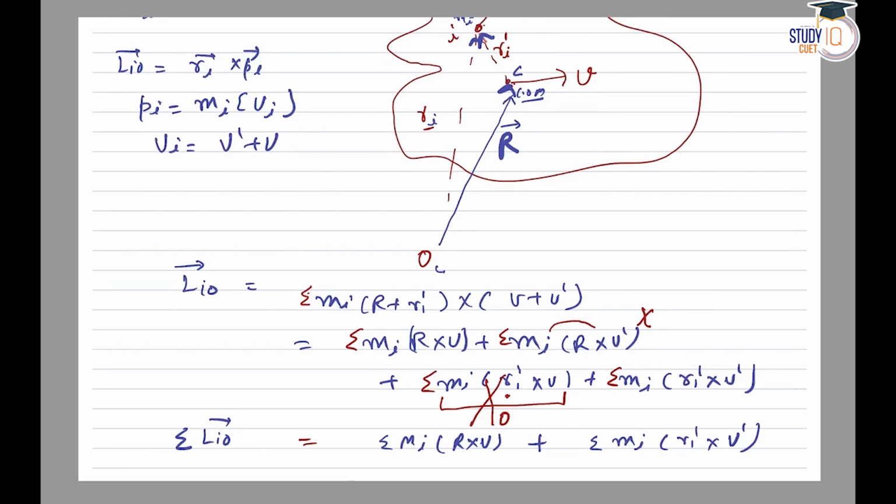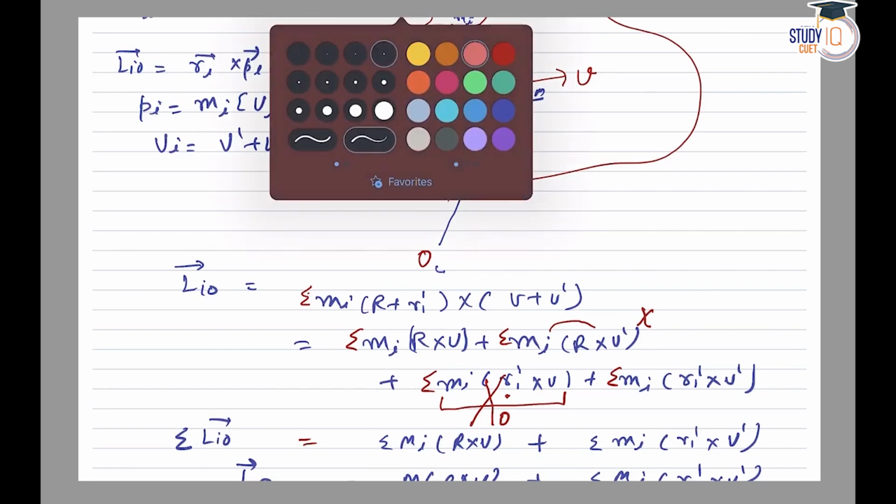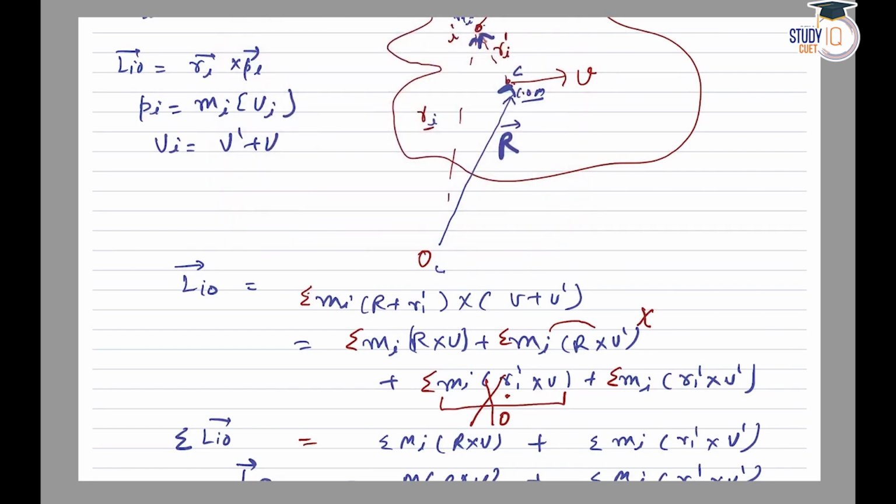So this can be written as M into R cross V plus sigma Mi into Ri prime cross V prime. This is the angular momentum with respect to point O. Now when we look at this, this is the angular momentum of the center of mass with respect to point O, and this is the angular momentum of each and every particle with respect to the center of mass.